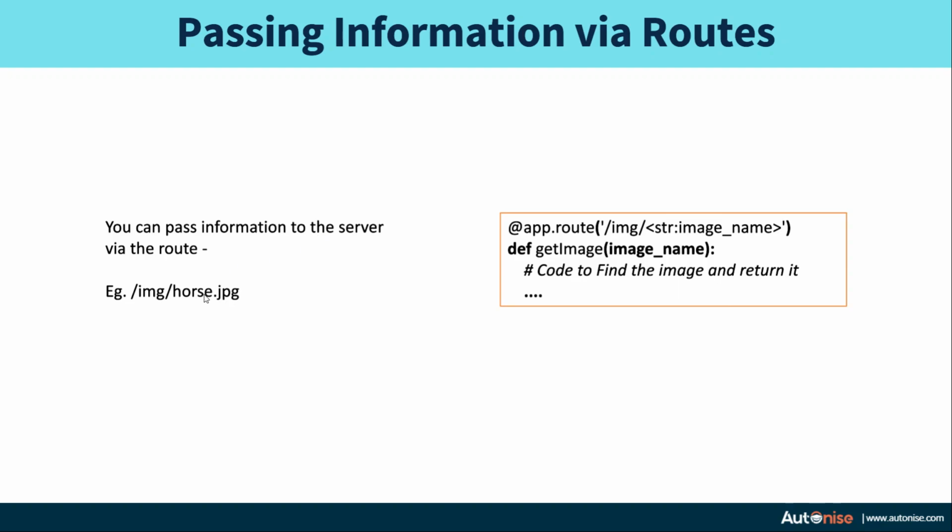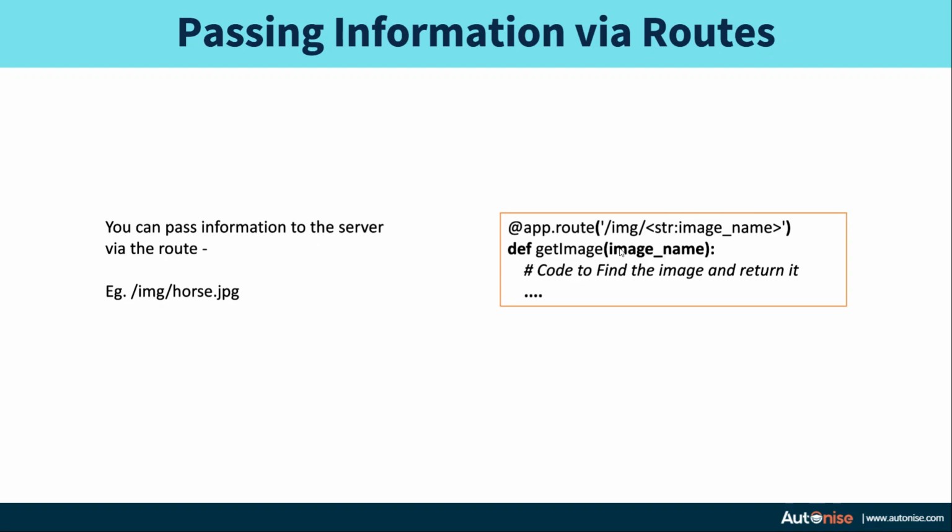So you want to get a file which is kept on the server, and for that you have a route slash image, and you want to specify that you want an image which has the name horse.jpg. You can do that by doing @app.route. It begins with slash image, and then you specify that there is a string variable named image_name, and you provide the same variable name inside your function.